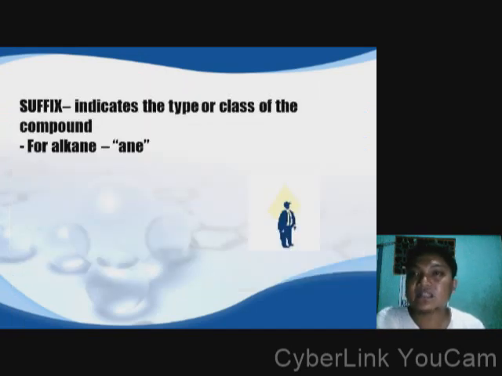Suffix naman. So first, we said prefix, stem, and suffix. Last in naming, the suffix indicates the type or class of the compound. For alkane, it is -ane.